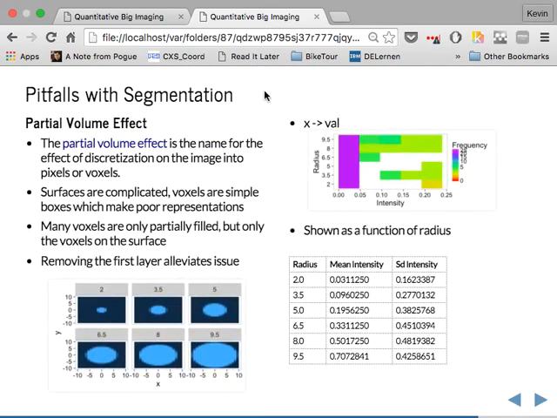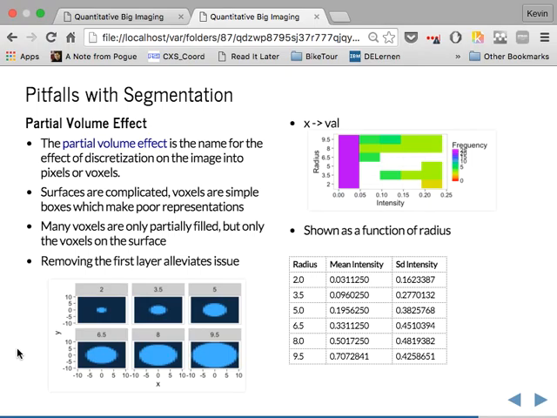And then the pitfalls we have with segmentation include the partial volume effect, which I mentioned before. This is where you use pixels or voxels to look at your image, and these are a poor representation of reality. If you're looking at a sphere or a circle, there's no way that you can describe a circle using square pixels.